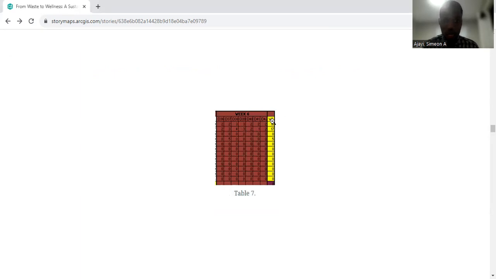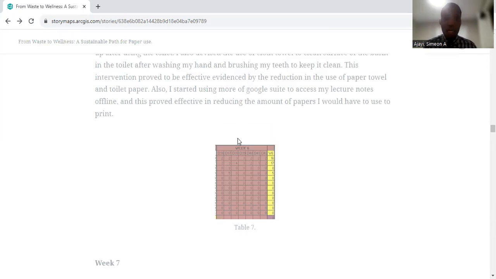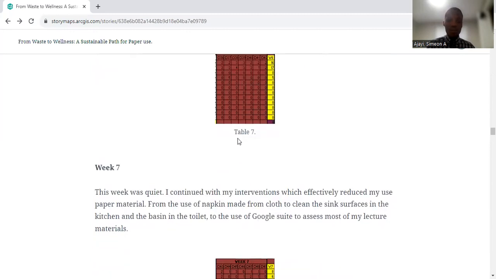Naturally, I was having a lot of high numbers for the paper towels, which from these figures are shown to have reduced, and the same for the toilet papers, and also for the printing notes too.